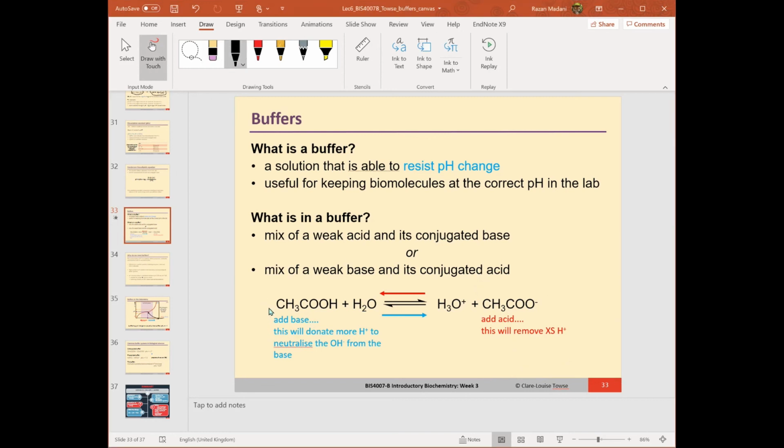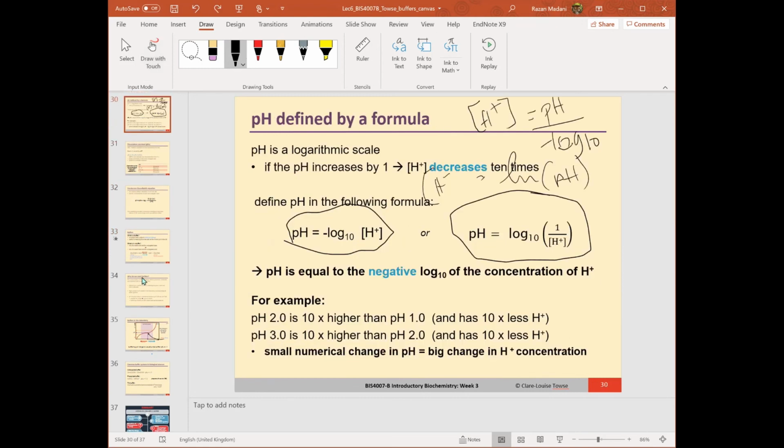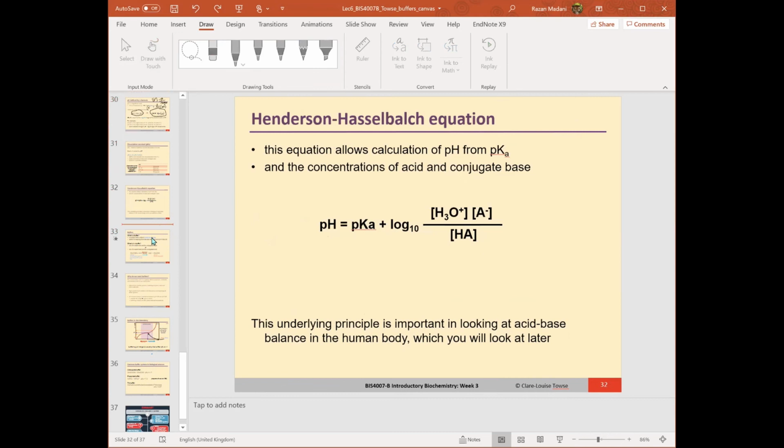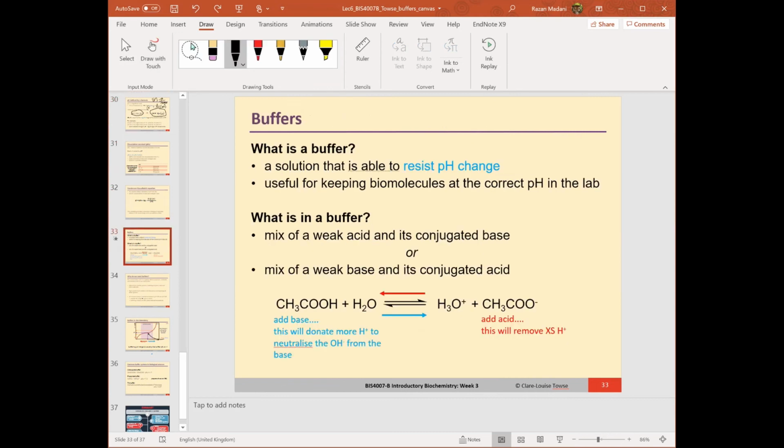So what do you think CH3COOH is acting as? It could be donating the proton to the CH3COO minus.